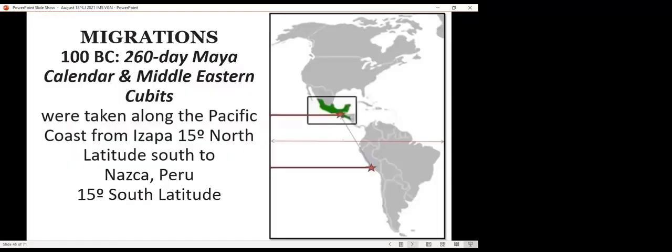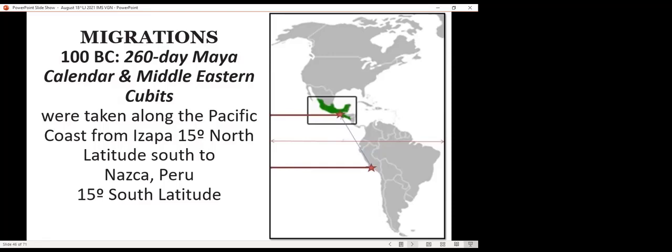Migrations, 100 BC: the 260-day Maya calendar and Middle Eastern cubits were taken along the Pacific coast from Izapa, 15 degrees north latitude, south to Nazca, Peru, at 15 degrees south latitude.